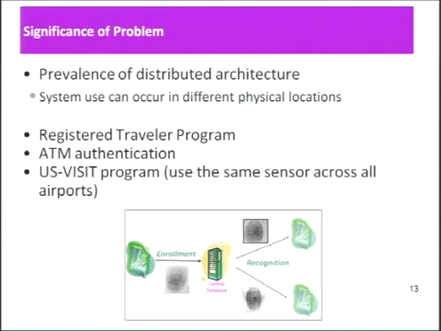So why is this problem significant to study? In terms of biometric systems, most of them have been monolithic in nature until now. But as distributed architectures become more pervasive, you'll have system use that can occur in different physical locations.